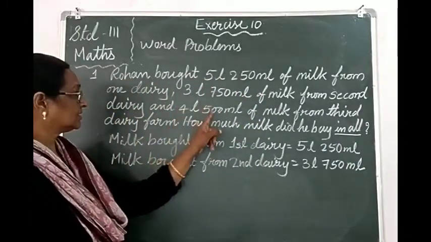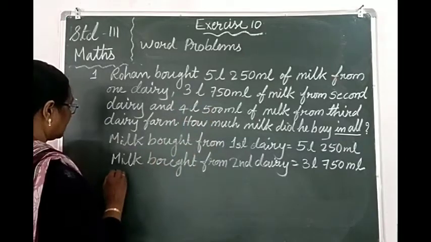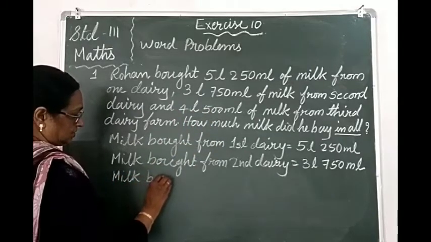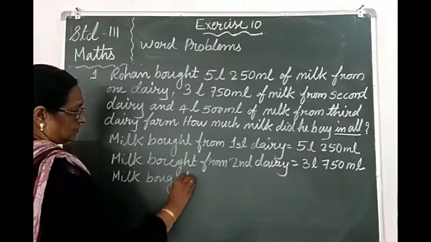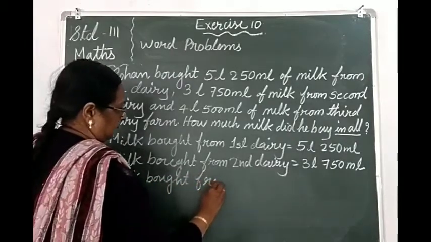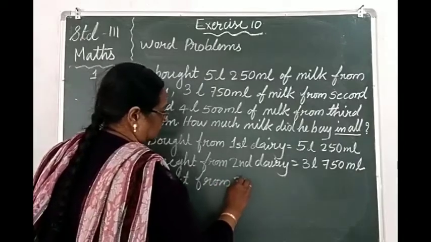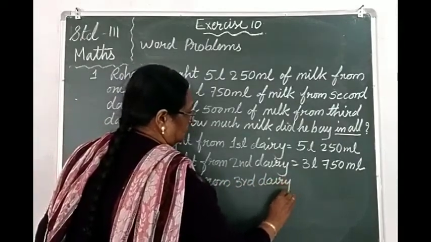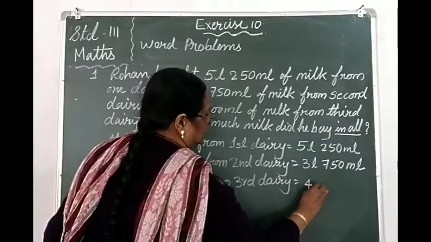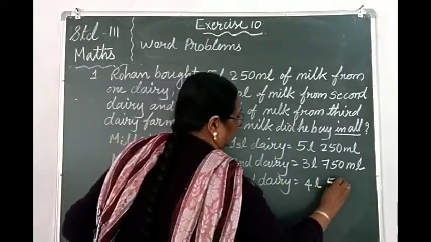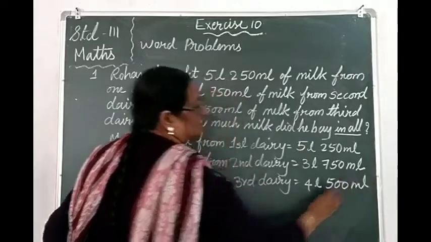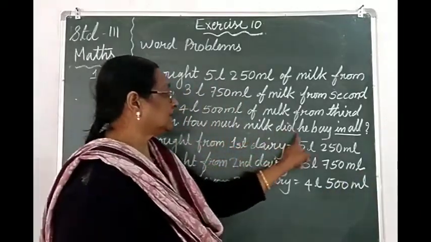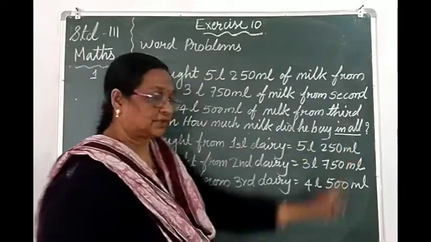4 liters 500 milliliters. Milk bought from third dairy. How much is it? 4 liters 500 milliliters. Now what we have to find out? How much milk did he buy in all?